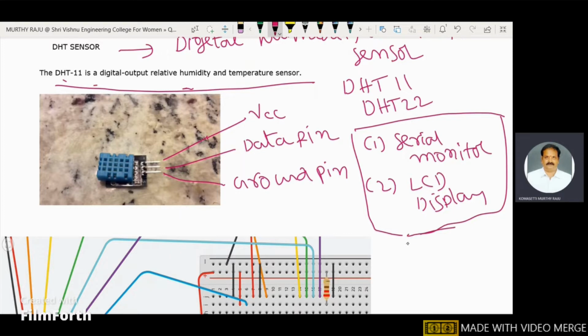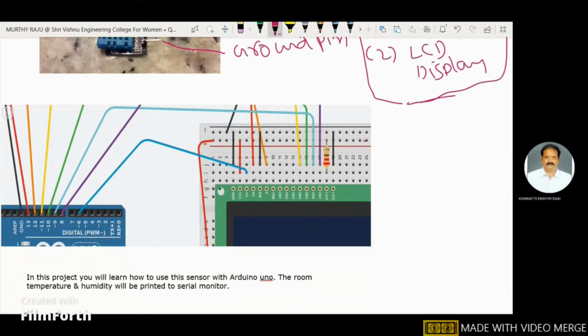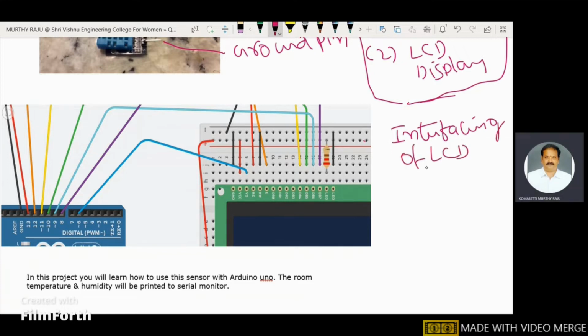I will write the code related to the DHT sensor. First of all, interfacing of the LCD with the Arduino board.